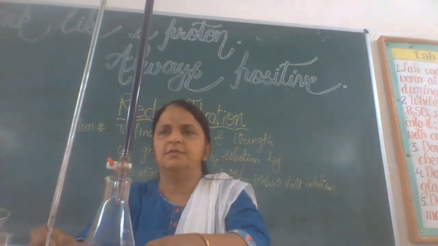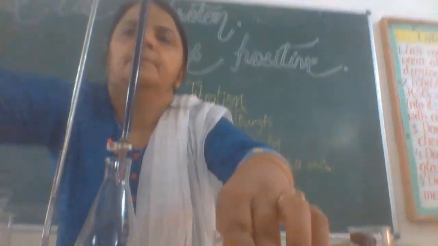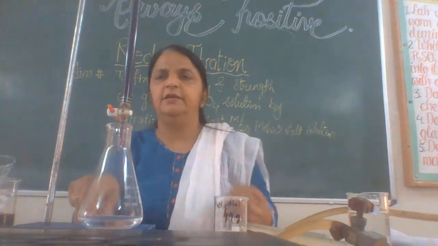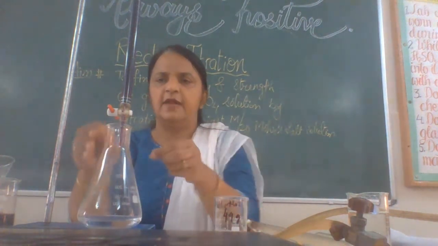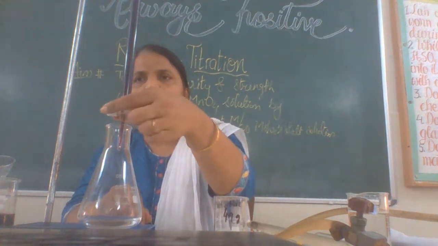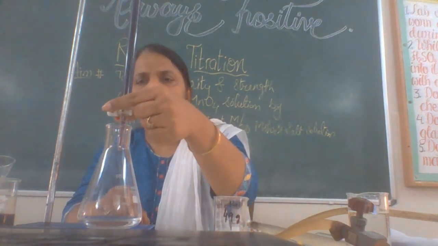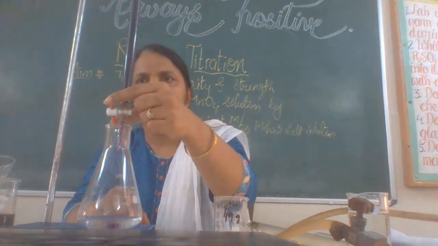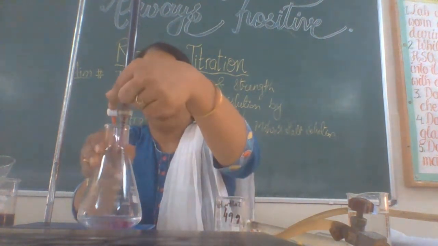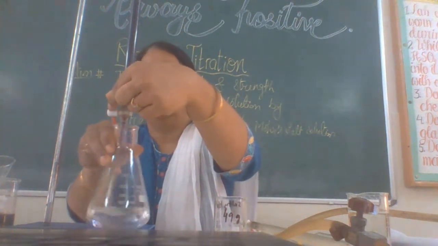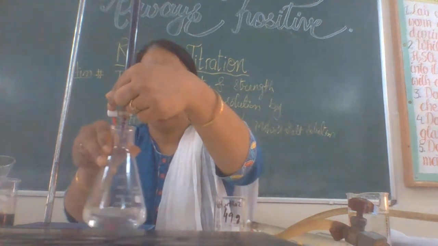And now, as you can see here, on this platform of the stand, we need to place this titration flask, and with our left hand we need to hold this stopcock, which when opened allows the solution to fall into the titration flask. And using our right hand, we'll stir the solution so that both of the solutions get mixed together.